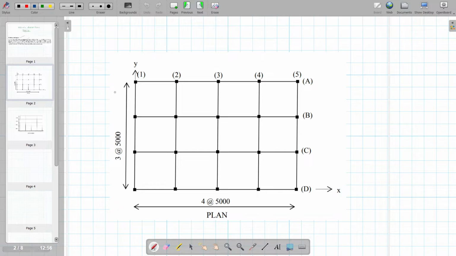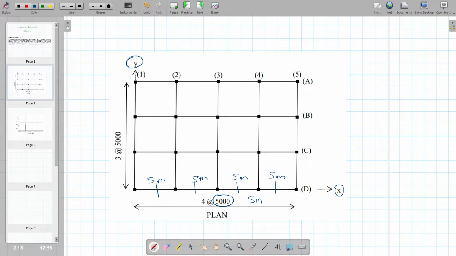This is the plan of the building. Here you can see the X direction and here you can see the Y direction. In the X direction there are 4 bays and each bay is 5000 millimeter, or 5 meter.